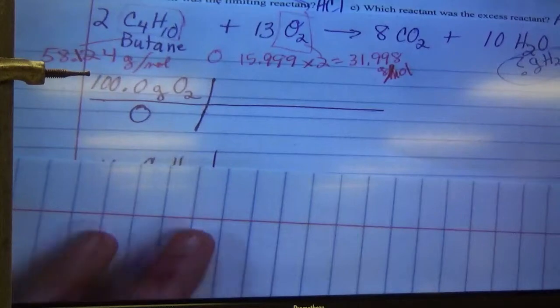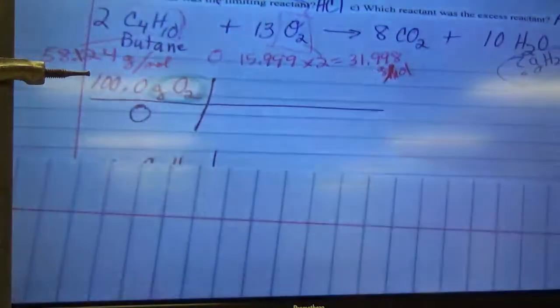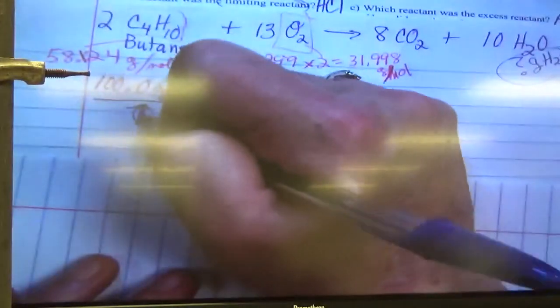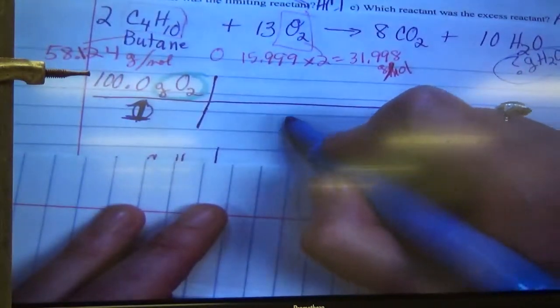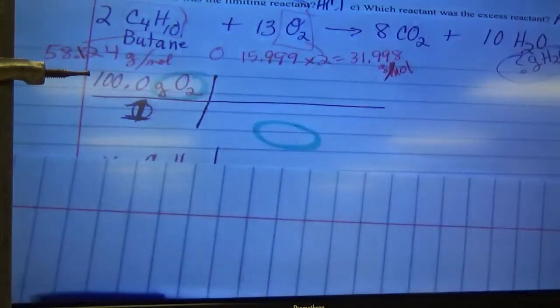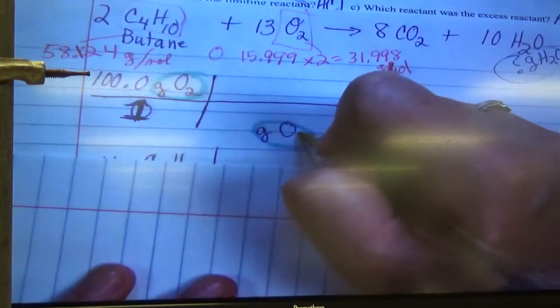In our answer, do we want grams of oxygen in our answer? Whoops, it's supposed to be a 1 here. Okay. No, we do not want grams of oxygen in our answer, so we will put grams of oxygen here to make it cancel out, won't we?